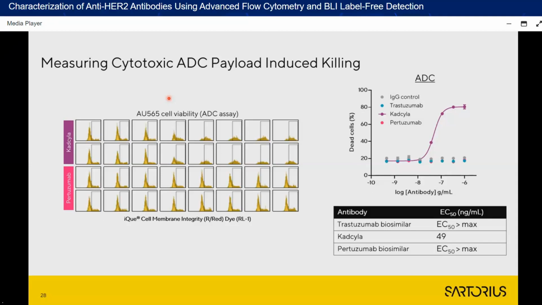And then we lifted the AU565 cells from the plate and analysed them using a membrane integrity dye to quantify the level of cell death after that 72-hour period. And what we saw was that, as we expected, only the Kadcyla had induced cell death in that monoculture format over that time period. So confirmed that it did have that unique ADC activity.